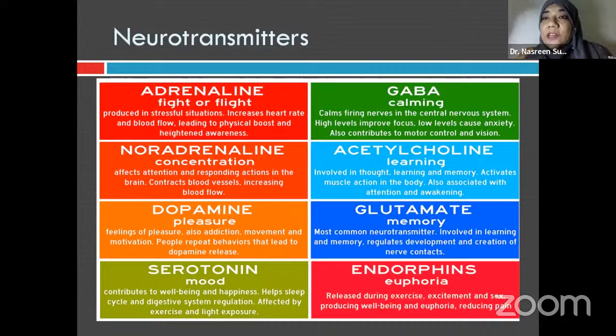These endorphins are usually released when you exercise, when you do something which is exciting. And these endorphins are also called natural painkillers. They are going to reduce the pain. So this endorphins you will again study in pharmacology when you are studying the opioid drugs. So these are the different neurotransmitters you have.